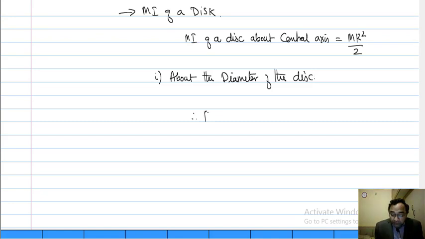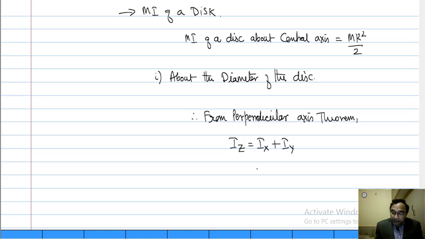Therefore, from the perpendicular axis theorem, we can say Iz is equal to Ix plus Iy. Here Ix is equal to Iy, and that is nothing but I about the diameter.